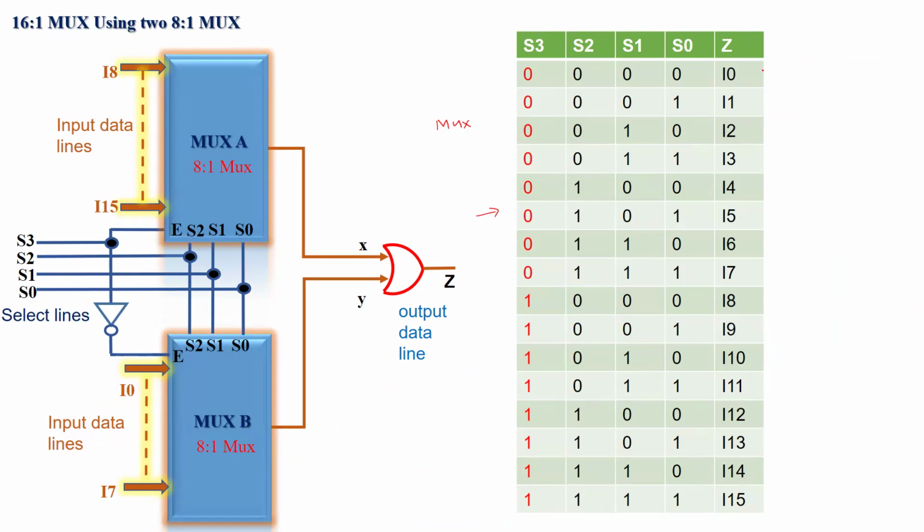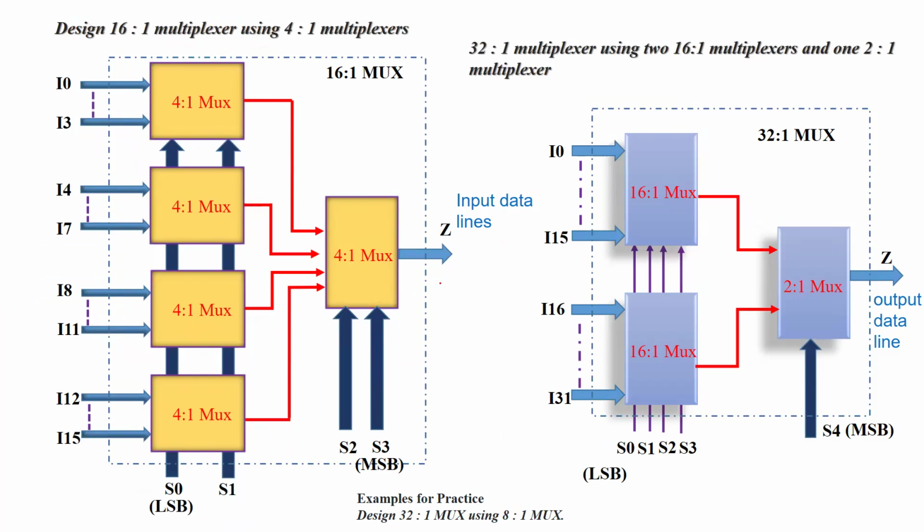Here we can easily see that there are 4 input select lines, 16 possible combinations, and finally your I0 to I15 gets connected to the output. That's an exercise for you. Try that by making a truth table right over here.